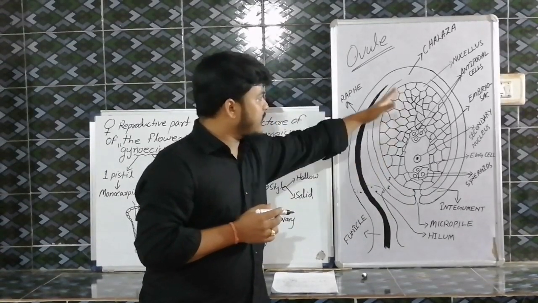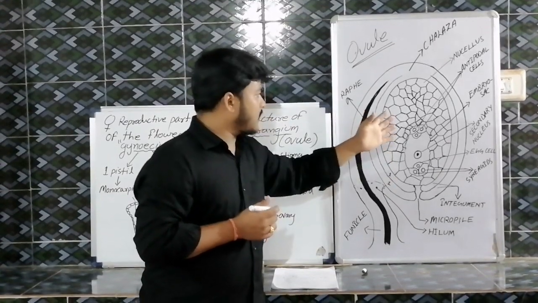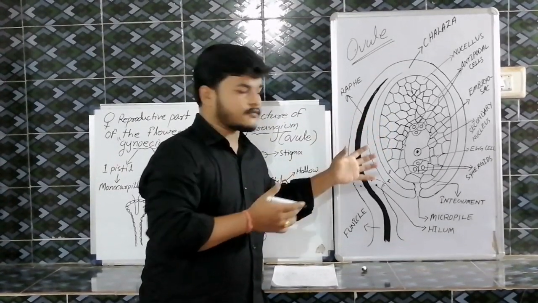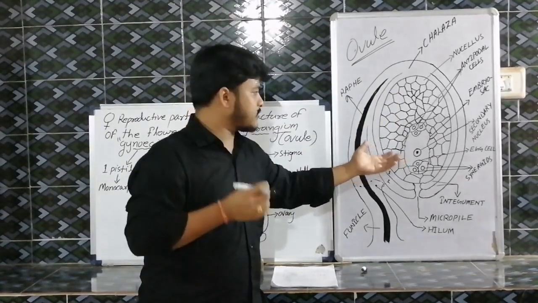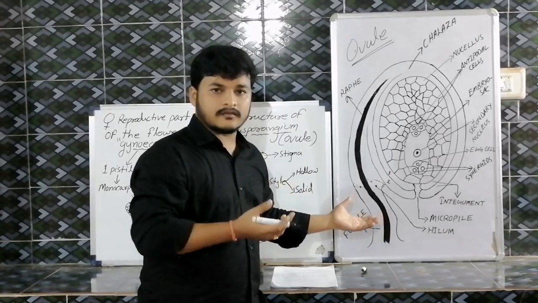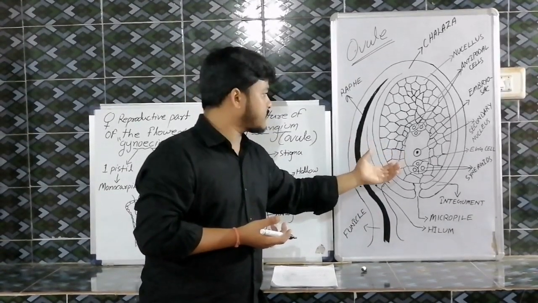Next to the integuments, the nucellus is present, which consists of a number of cells. When the total ovule develops, the nucellus may or may not be present, because the ovule is formed into a seed. Later, the final stage of the ovule is known as a seed.